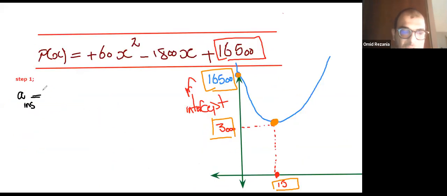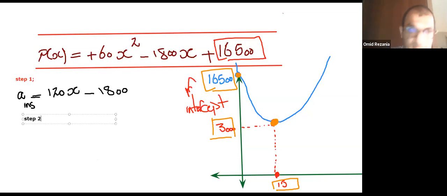I'm just going to write the end formula, which is going to be 120x minus 1800. It's the instantaneous rate of change. For the second step, I say step number 2.